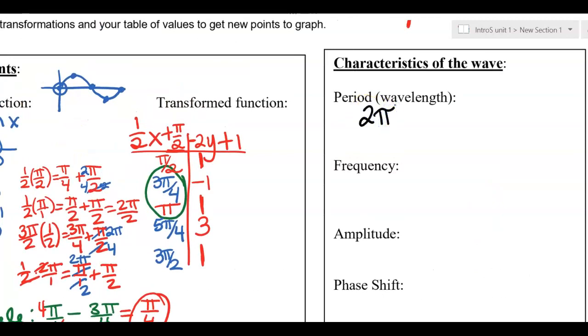Then I have to ask myself, did I change the wavelength or the period? What's the only kind of transformation that changes the wavelength or the period? So, not a reflection. To change the length of the wave. What's that? The B value, yeah, stretching or compressing, right? So did we do that? We did.